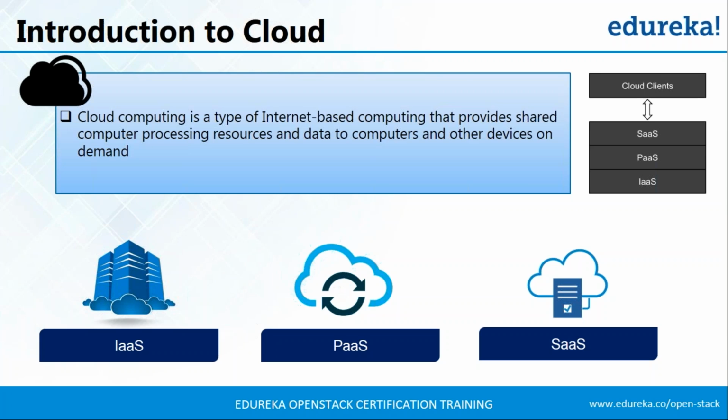So this is a brief introduction to Infrastructure as a Service, Platform as a Service, and Software as a Service. And let me tell you that today's topic, OpenStack, lies in the category of Infrastructure as a Service. So this is a very brief introduction about cloud and how things are managed and stored in the cloud. We'll be learning more about it.